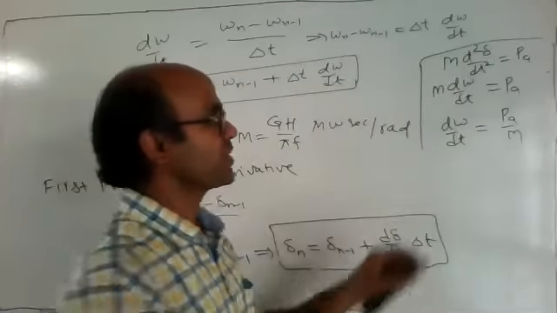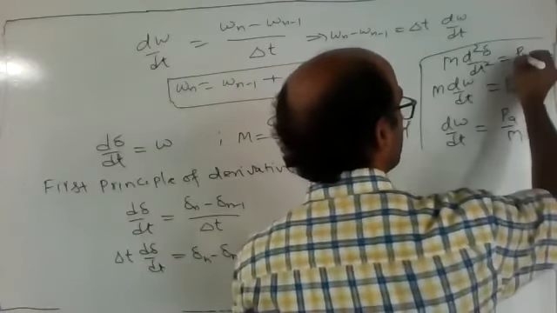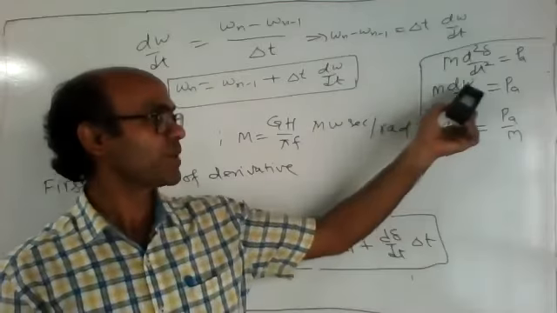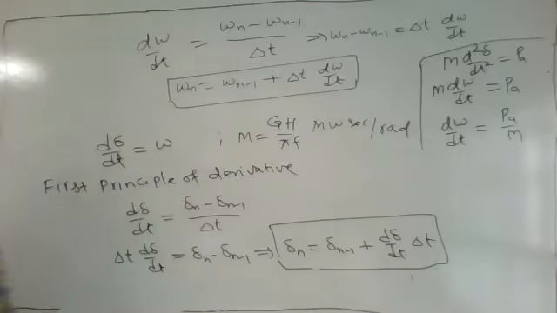From this equation, if d delta by dt is omega, then d omega by dt is Pa by M. So from this you can write this equation.